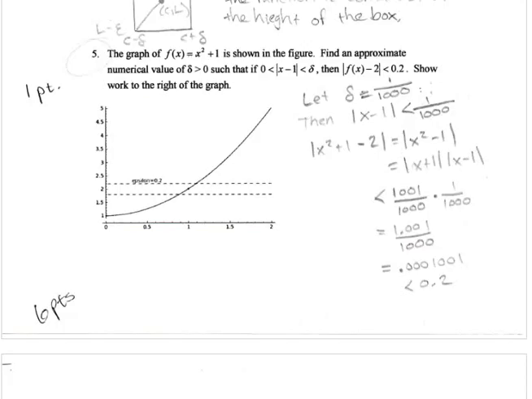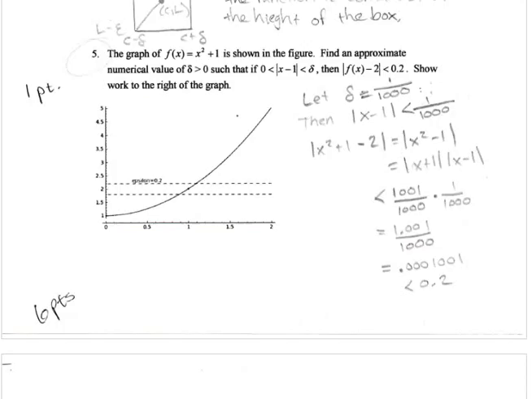Okay, so number 5. The graph of the function f of x equals x squared plus 1 is shown in the figure. Find an approximate numerical value of delta greater than 0 such that if the absolute value of x minus 1 is less than delta, meaning you choose some interval that stays a distance of no more than delta away from 1 on either side, then that guarantees that the absolute value of f of x minus 2, since this function approaches a value of 2 as x approaches 1, is less than an epsilon value of 0.2.